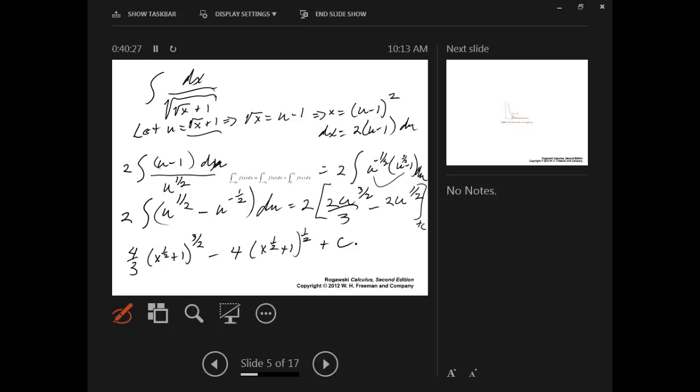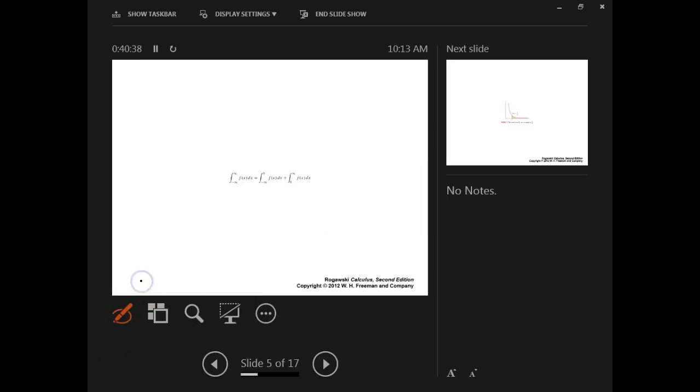Now, those were some pretty complicated substitutions. When substitution doesn't look like it's going to work, we might try integration by parts. Y'all remember how that goes, right? Here are just a few hints on integration by parts.